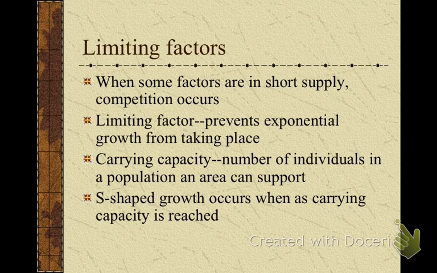In this growth curve, you have what's called a carrying capacity. It's the number of individuals within that population that the area can support and that can survive. That is known as an S-shaped growth curve, because you won't continue to grow; you'll reach your carrying capacity, and one of two things happens.